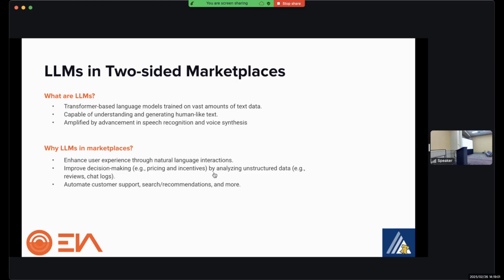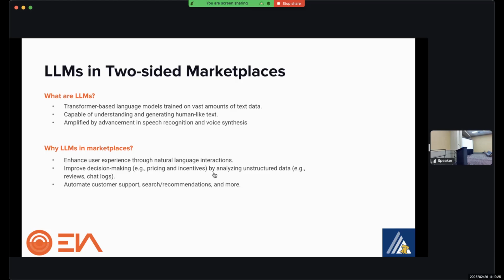And compared to traditional NLP models, they are capable of understanding and generating human-like text. So it's a really big step forward in terms of the interaction between the human and AI and the algorithm.